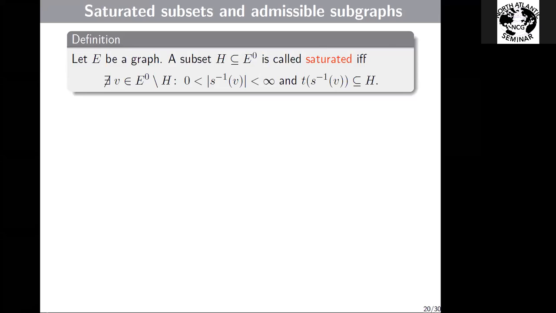And this is important from the point of view of an ideal. If we would now take an ideal generated by projections labeled by vertices from a hereditary set, then it would automatically include all vertices which are in the saturation of H, okay? But this is already in terms of algebra. I cannot explain it in terms of graphs. That's why I say that it's more complicated.